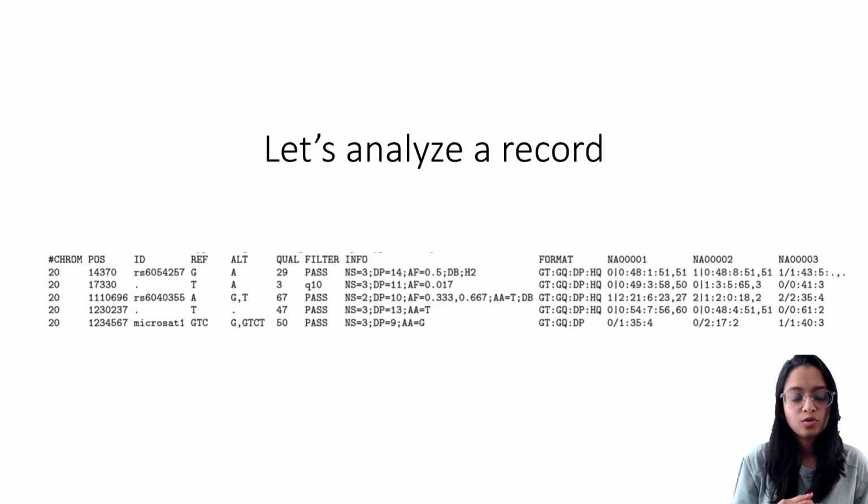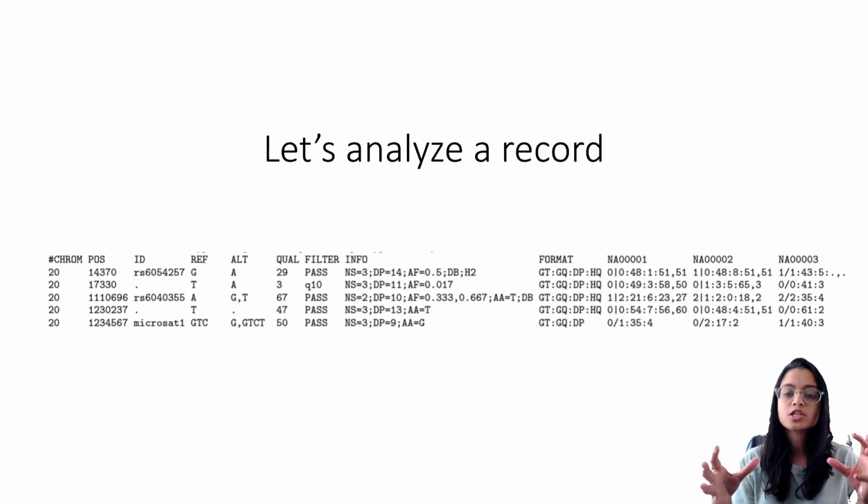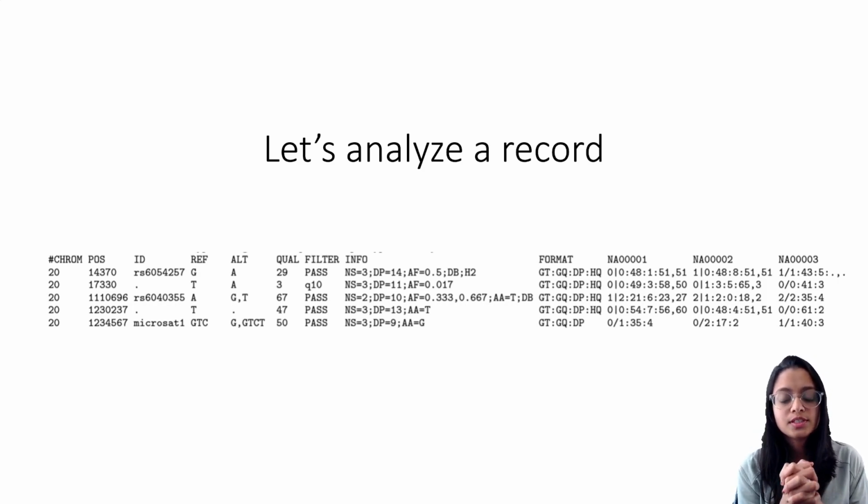Now that we have looked at each of the individual pieces in detail, let us put it all together and try to understand what the record means here. Looking at the first record, this variant is present on chromosome 20 at position 14370, and this variant is previously identified and classified and is part of a database, dbSNP, with the ID RS6054257.